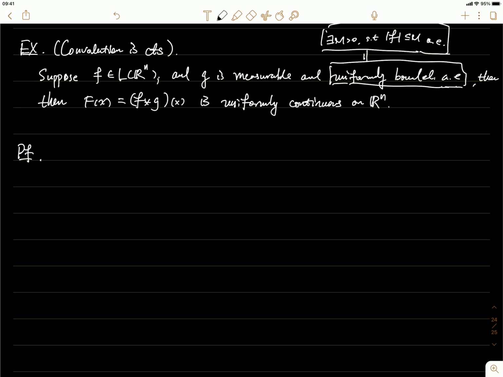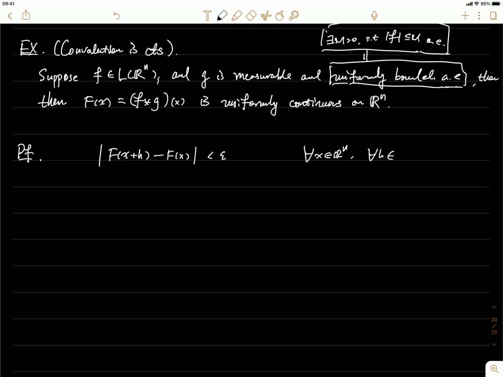We want to show that for any point x, and for any h that is sufficiently small, this is less than epsilon.